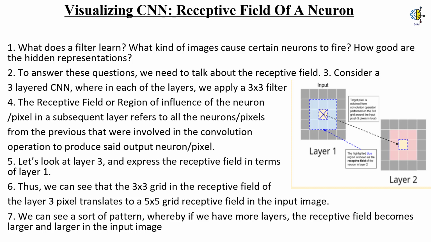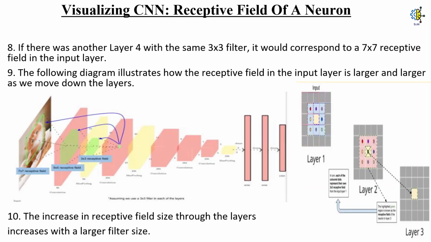Thus, we can see that the 3x3 grid in the receptive field of the layer 3 pixel translates to a 5x5 grid receptive field in the input image. We can see a pattern whereby if we have more layers, the receptive field becomes larger and larger in the input image.